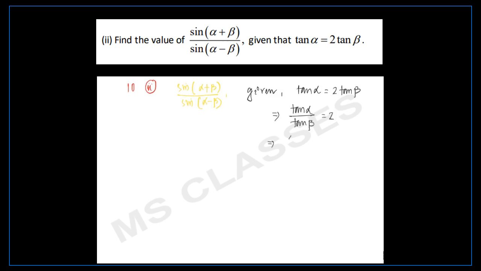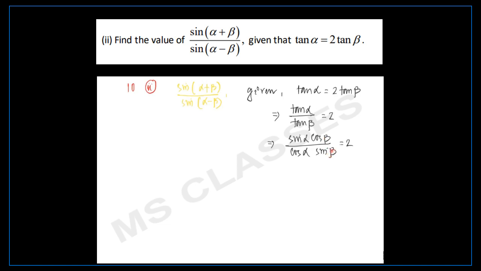We can simplify to sine and cos because we have to ultimately convert to sine and cos. So we write sine alpha cos beta by cos alpha sine beta equal to 2. Now, since we have to get this expression, sine(alpha plus beta) is sine alpha cos beta plus cos alpha sine beta, and sine(alpha minus beta) is sine alpha cos beta minus cos alpha sine beta.